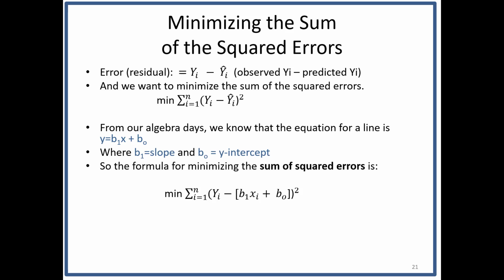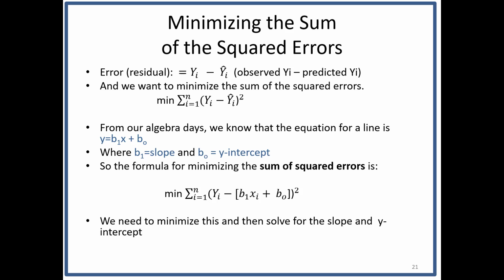We can use calculus then to minimize this formula and solve for b1 and b naught. So we need to minimize and then solve for the slope and y-intercept. I'll refer you to Wooldridge Chapter 2 if you want to work through the calculus.